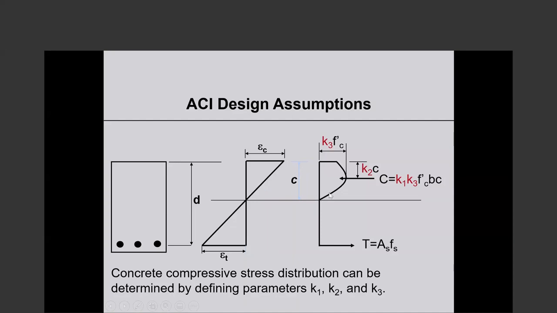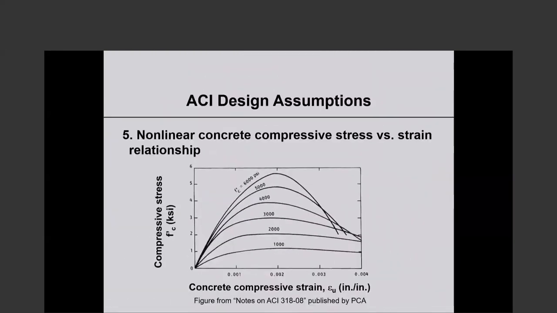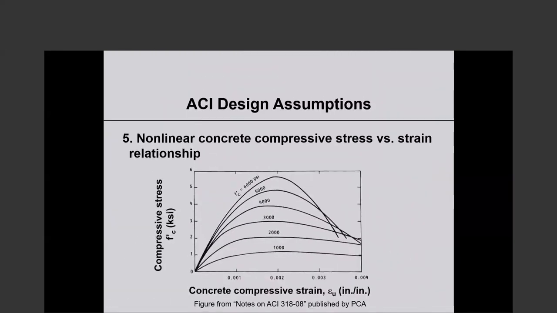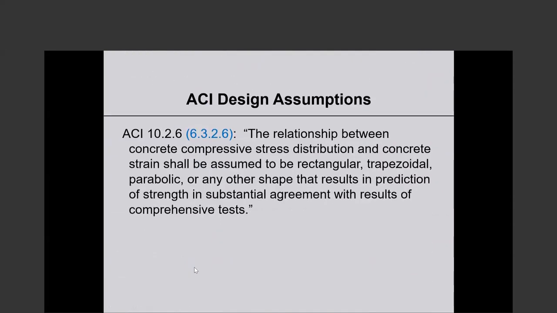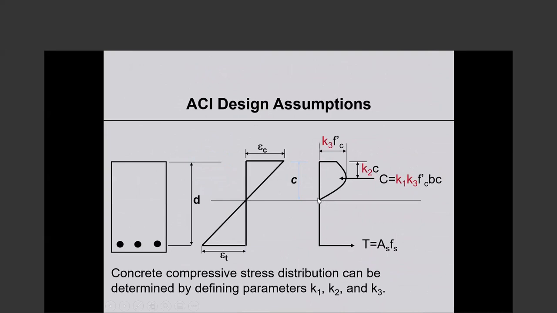Are you with me? Okay. So this zero axis is now the neutral axis. And as the strains increase, the stress increases up to the peak, and then it begins dropping. So the actual stress distribution is as shown in the picture.